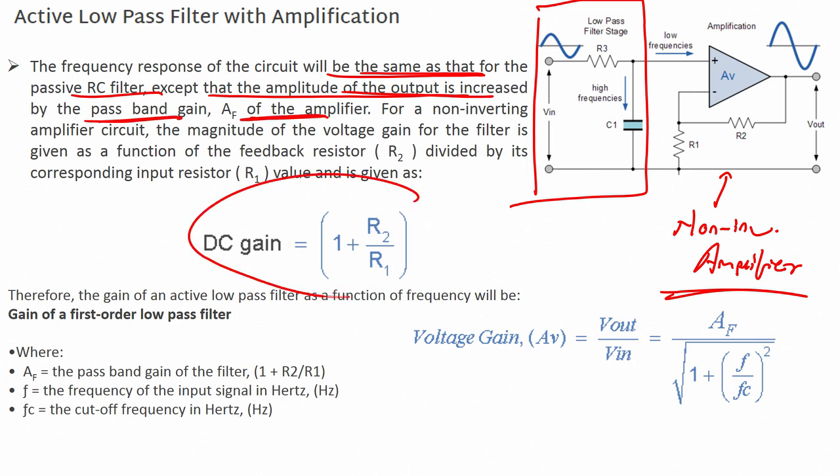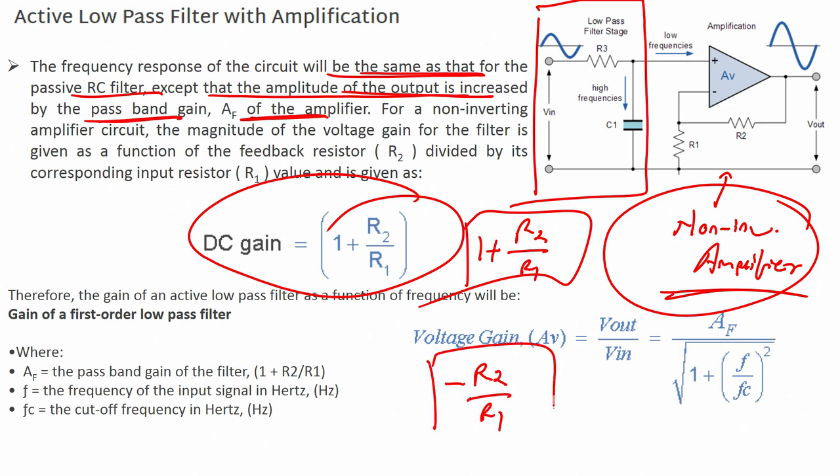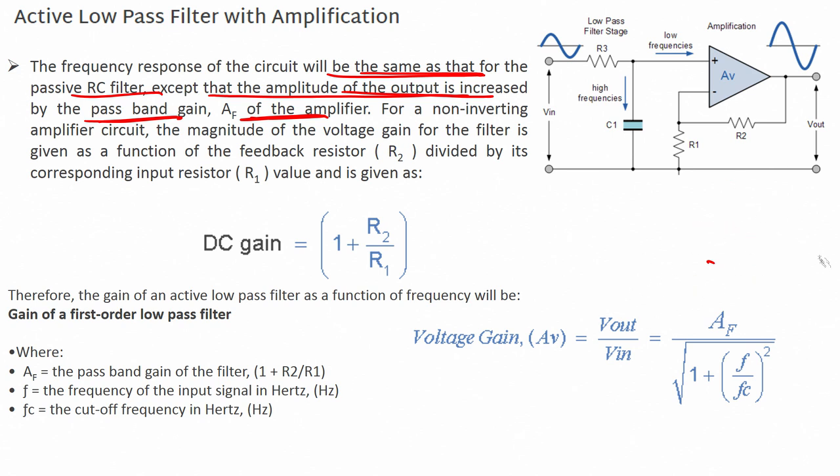So we can have DC gain AF of 1 plus R2 by R1. Why? Because we have seen in the non inverting amplifier our DC gain is 1 plus R2 by R1. If I use an inverting amplifier, I will have a DC gain of R2 by R1. Thus, by changing the values of R2 and R1, I can decide the gain of this particular filter circuit, and thus it becomes an active low pass filter with amplification.